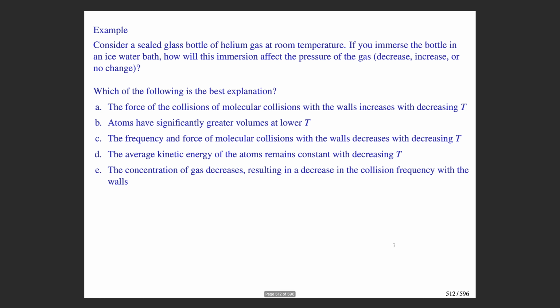We'll move on here to this conceptual question. Let's consider a sealed glass bottle of helium at room temperature. If we immerse that bottle in an ice bath, so we cool it down, how will this affect the pressure of the gas? Will it decrease, increase, or will there be no change?